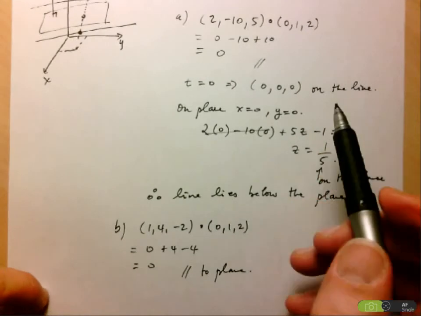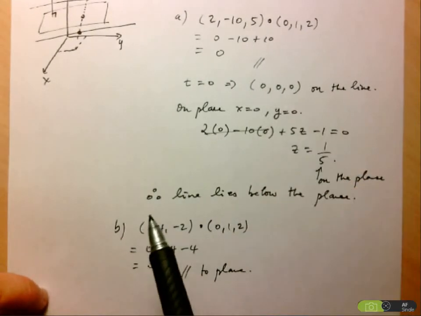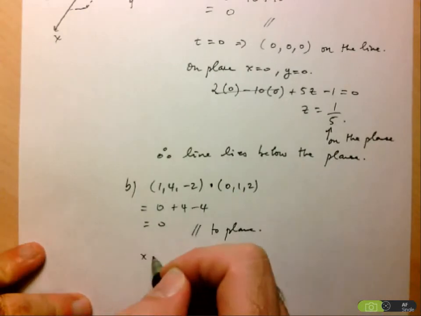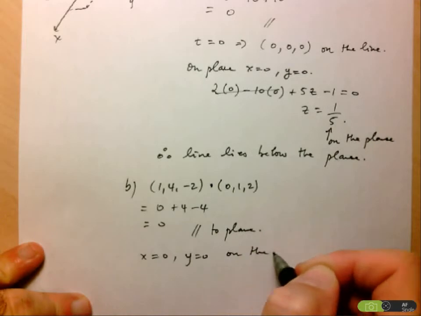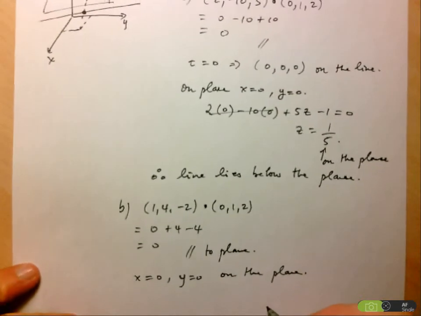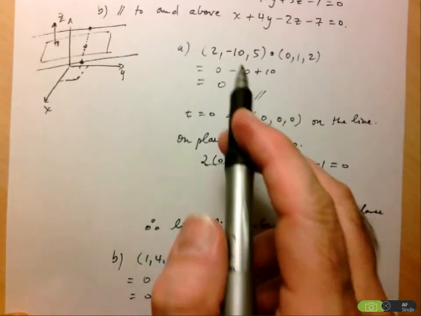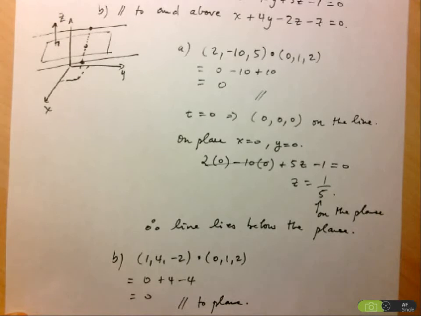Again, we know that when x is 0 and y is 0, the z value on the line is equal to 0. So let's put x equals 0 and y equals 0 in the plane and calculate the z value. We put x equals 0, y equals 0, and here we're left with -2z - 7 equals 0.